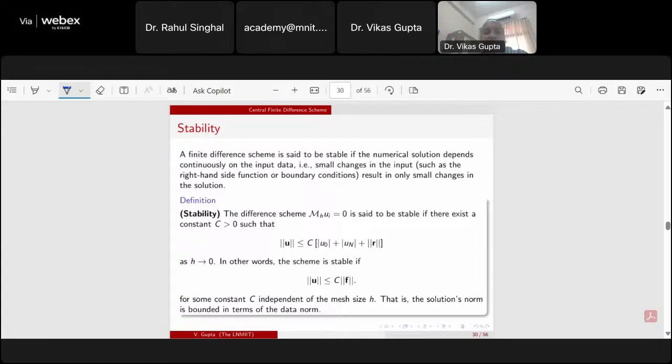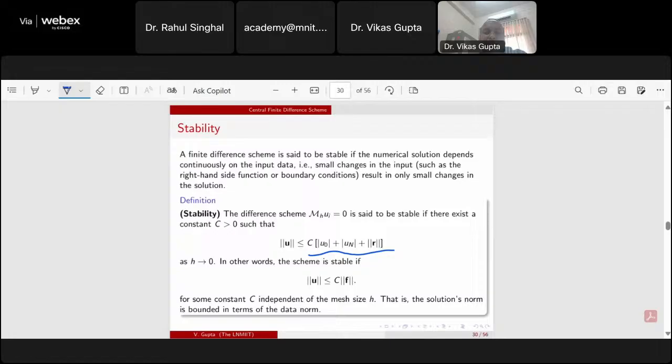A difference scheme M_h u_i equal to 0 is said to be stable if there exists a constant C greater than 0 such that the norm of the solution vector u is bounded by this term: |u_0|, that is the boundary condition on the left boundary, |u_N|, the right boundary, and the norm of r, the right hand side vector, because your equation is u''(x) + p(x) u'(x) + q(x) u(x) equal to r(x).